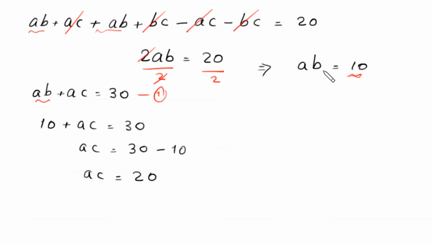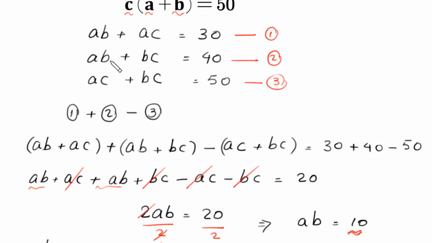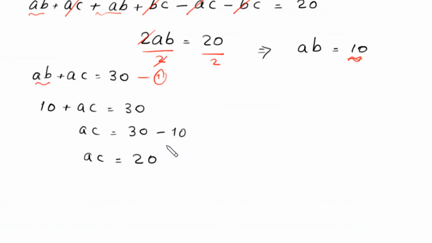Now we put this value of ab, 10, in equation 2. Equation 2 is a times b plus bc is equal to 40. We replace this ab with this 10.